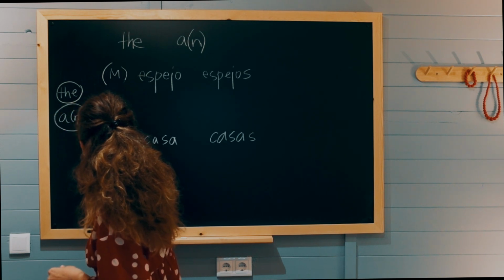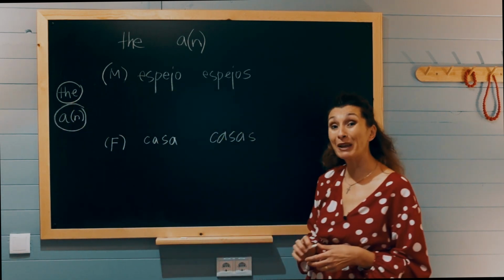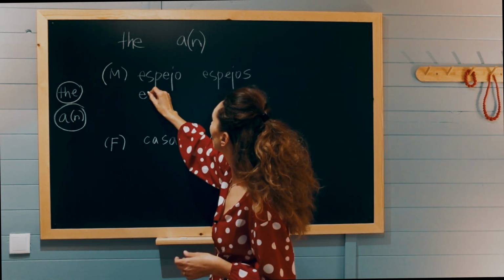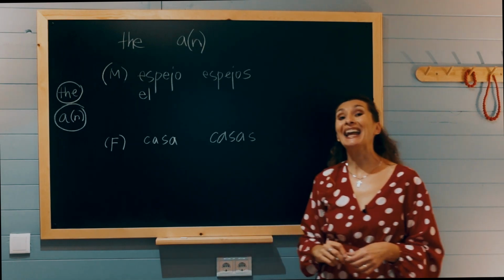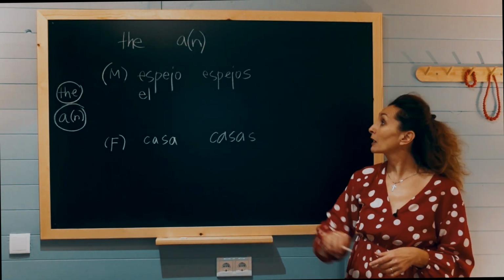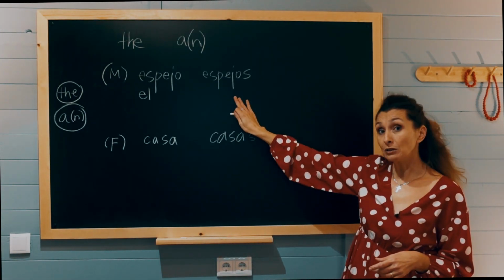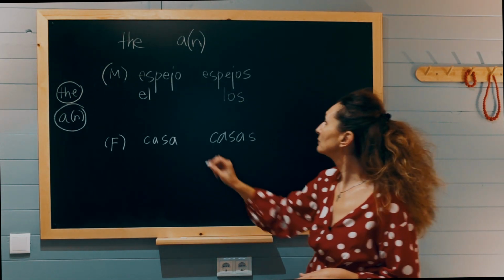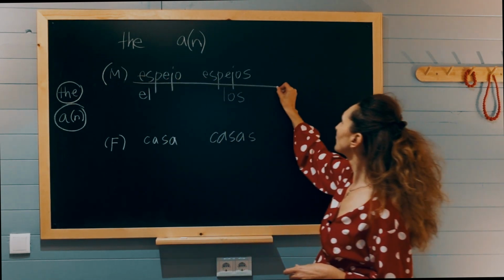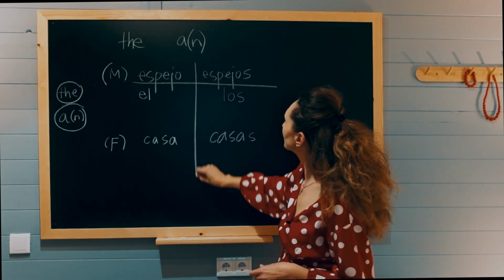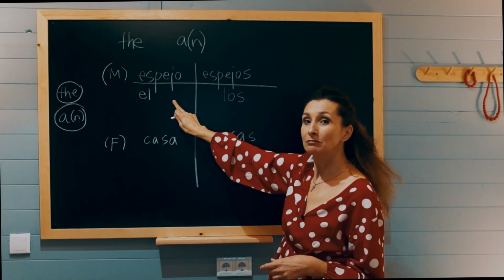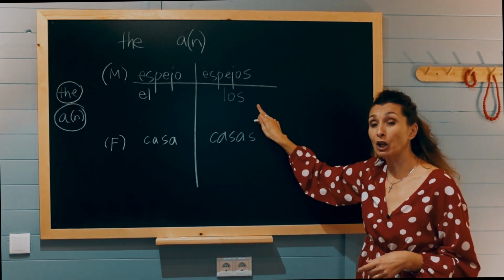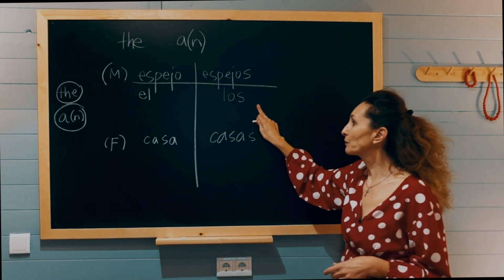For espejo, the definite article in Spanish is el espejo. If it's plural, it's los. El espejo, the mirror, los espejos, the mirrors.